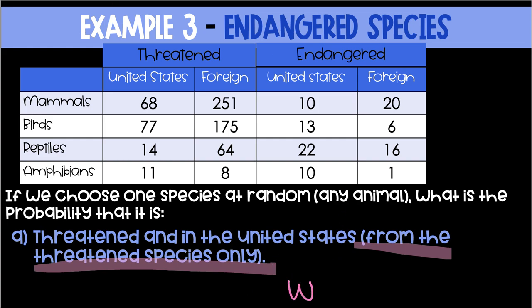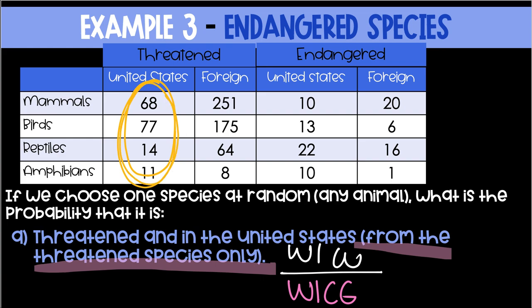This will be what we can get in our formula, what I want divided by what I can get. What I want is any of the species inside the United States that are threatened, which is all of these right here. I got 170 for this total.